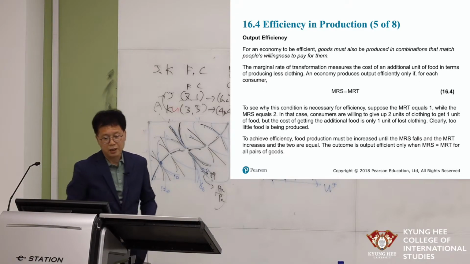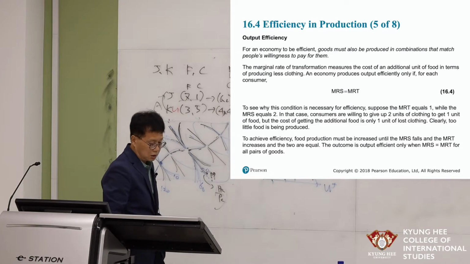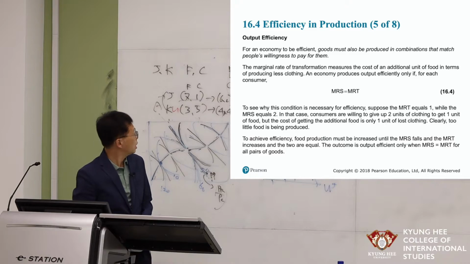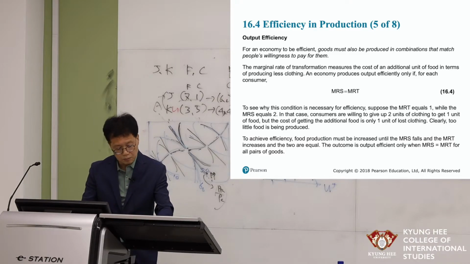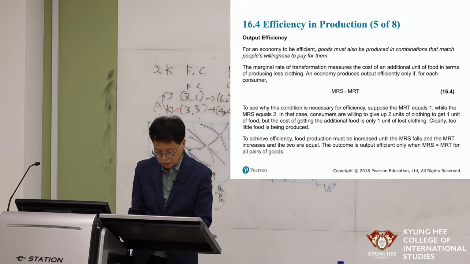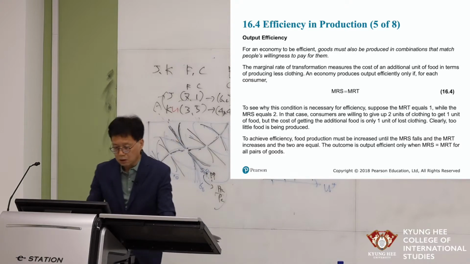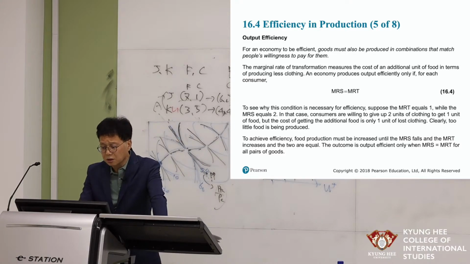Now, we can define output efficiency. So, what is output efficiency? That is slide number 34. For an economy to be efficient, goods must also be produced in a combination that matches people's willingness to pay for them.